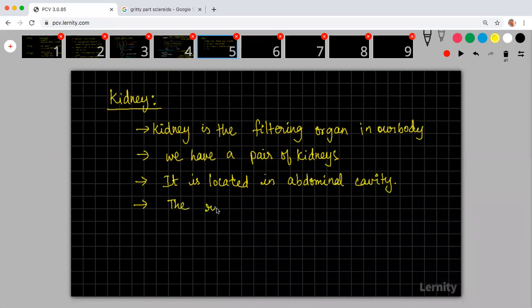The right kidney is slightly above and towards the median.